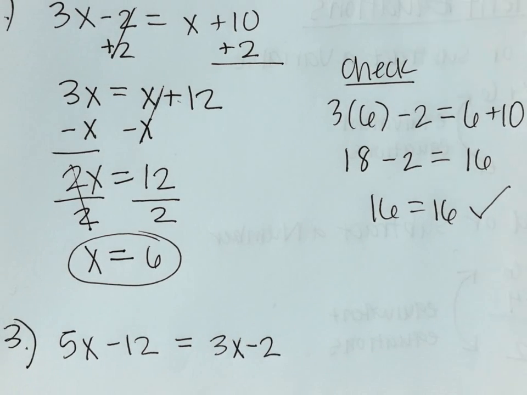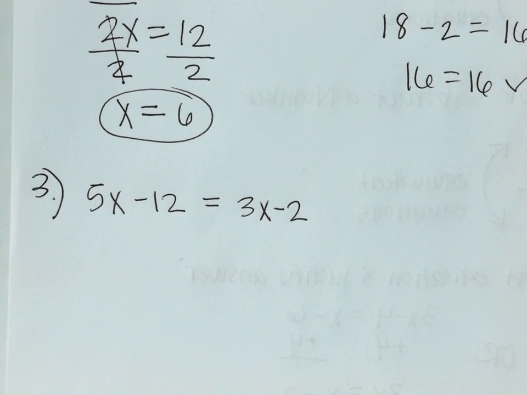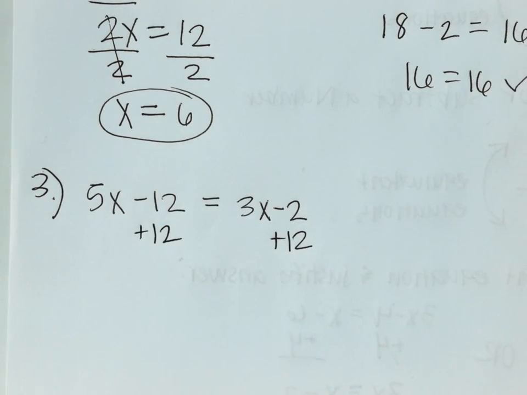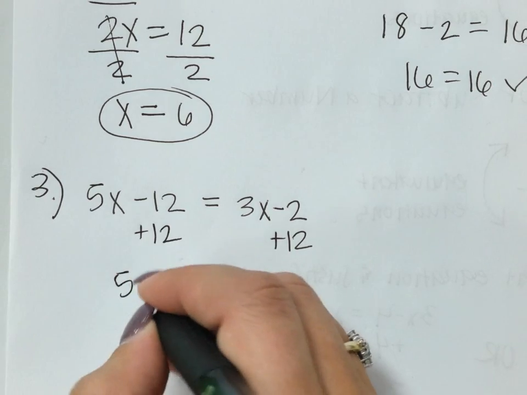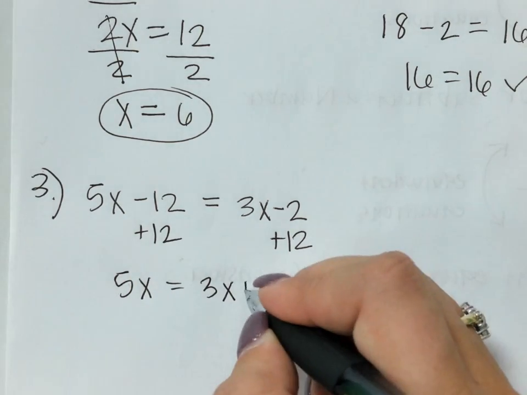Five x minus 12 equals 3x minus 2. What do I need to do first? Samuel. Okay. So if I do that, that leaves me with 5x on the left, and then 3x plus what?